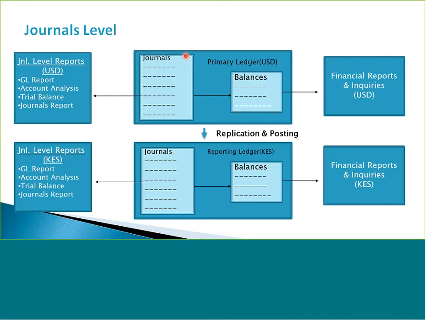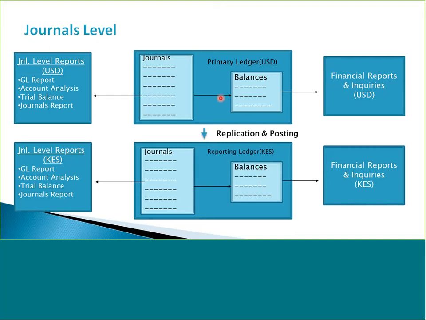So what happens when we implement a journals level reporting ledger is that once we enter and post these journals in our primary ledger, the journals are automatically replicated and posted in this journals level reporting currency ledger.